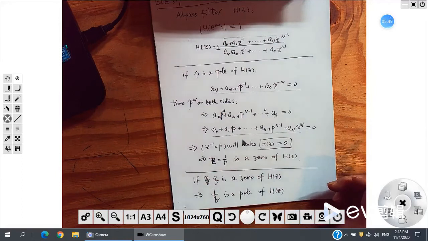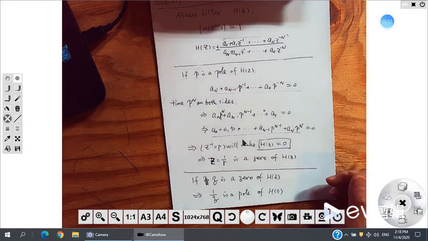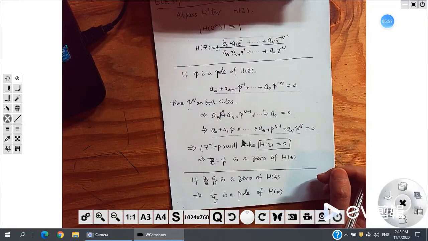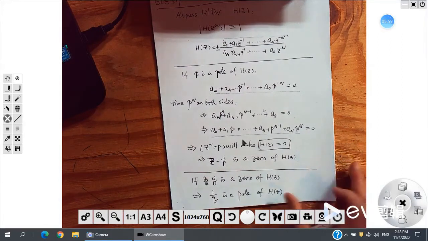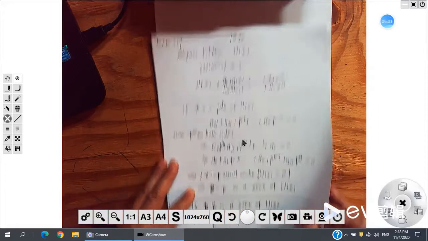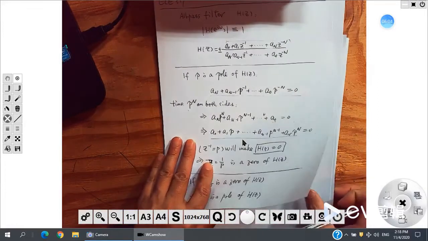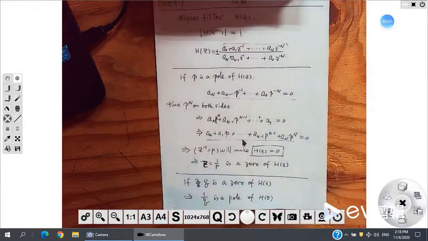If you have a pole, then 1 over that pole is a 0. If you have a 0, then 1 over that 0 is a pole. Then we can see how about P and 1 over P, and Q and 1 over Q.